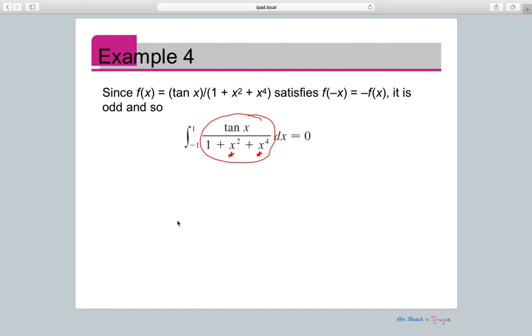But tangent is odd, meaning if I plug in -x, it's going to change its sign, and then that negative can just come all the way out to the front, and I'm going to get the opposite of what I would have had if I used +x. So the fact that this is odd over the interval from -1 to 1 saves me any work, and I can immediately say that's 0.